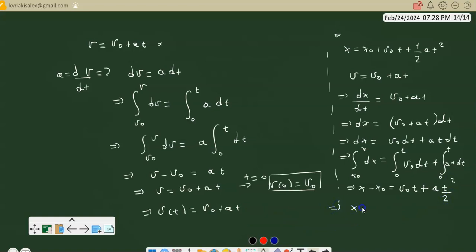So from here I have x equals x0 plus v0 times t plus a half a t squared. So here my position depends on the initial position x0, the initial velocity, and also acceleration appears here.